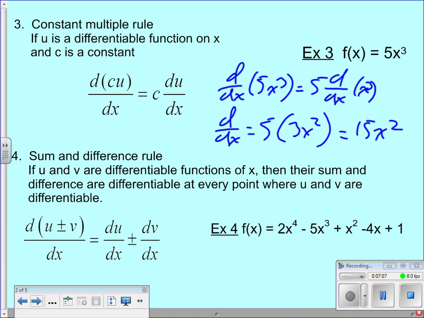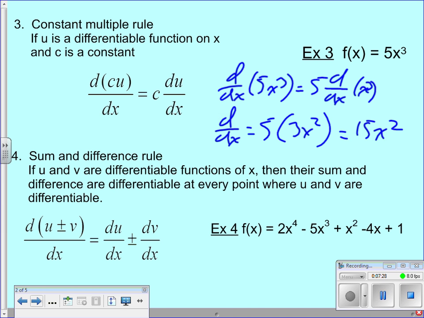Sum and difference rule. If u and v are differentiable functions of x, then their sum and difference are differentiable at every point where u and v are differentiable.